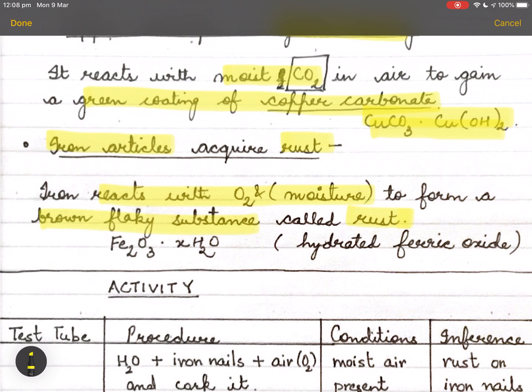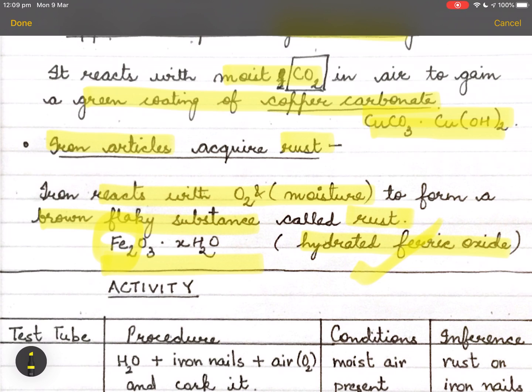And another very important thing, you should know the formula of rust. Chemically, rust is also known as hydrated ferric oxide. When I say ferric, that means iron is in +3 state. So the formula becomes Fe2O3.XH2O. You must be wondering, what is this X?